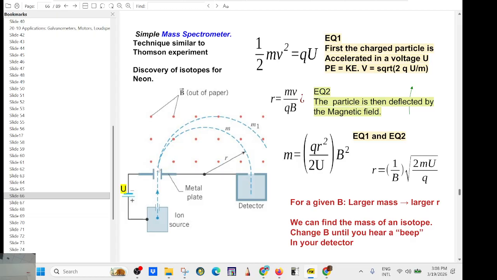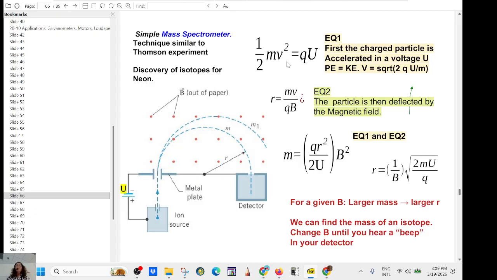Okay? And then you can find the mass. So if you do all those equations here, with easy algebra you find the mass of the isotope depends on the magnitude of the magnetic field squared. That will be that equation here. So that's how a mass spectrometer works.